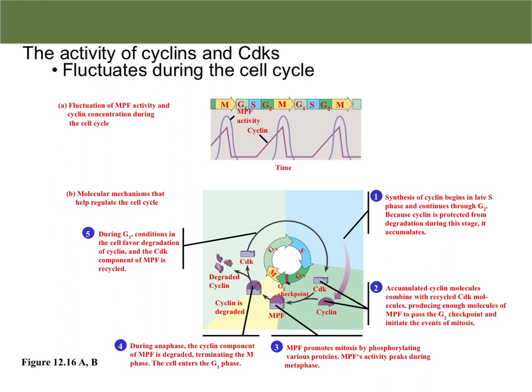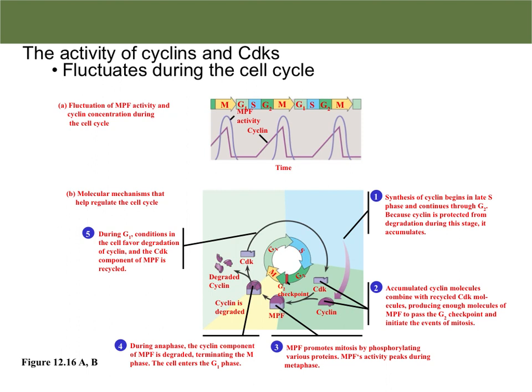Because those cyclins are synthesized and degraded throughout the cell cycle, you can actually see a fluctuation in the concentration of what we call the MPF, or the maturation promotion factor, or the mitotic promotion factor. So what this does is, as the cyclin is abundant, that cyclin will bind to the CDK.